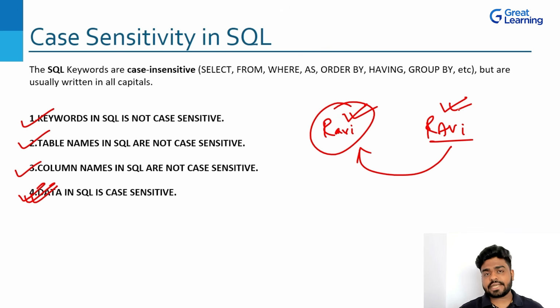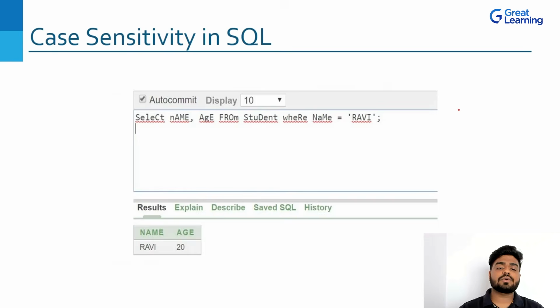So when it comes to data, it should match. The letters, capital, small, lowercase, uppercase, all these things should match. If it is not matching, then you will not get a result. So make sure that you know in any database language, the data is case sensitive. Other than that, everything is case insensitive. Let's move on and see one of the examples.